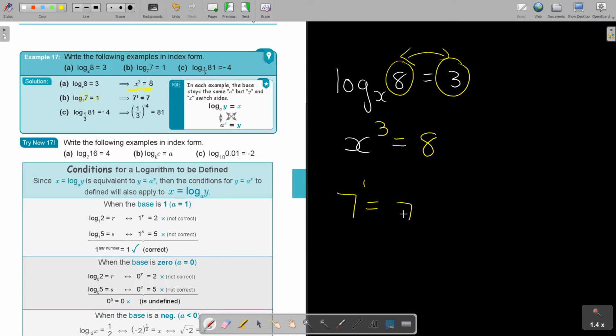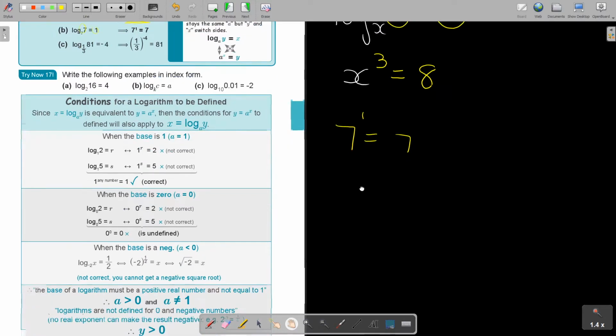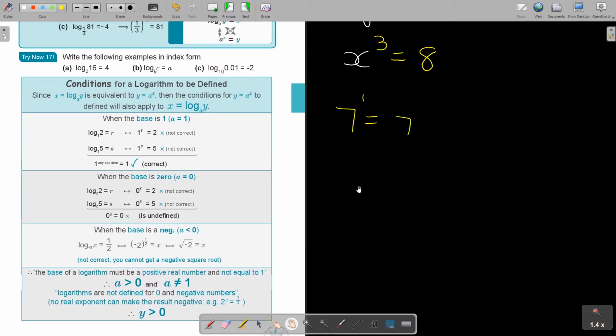Okay, not so difficult. Very important that if you go on to AS level, that you will go back to this and you will know what log is. This is maybe the last step, and it's not so important for calculations in this examination. But this value of a, where is the value? The base must be bigger than 0, do you see? And a cannot be 1, so the base cannot be 1.